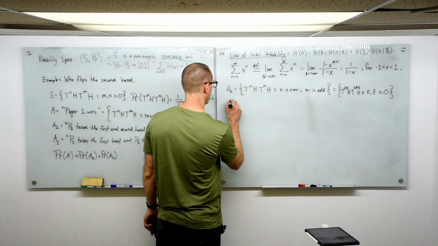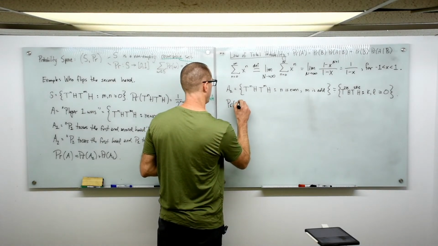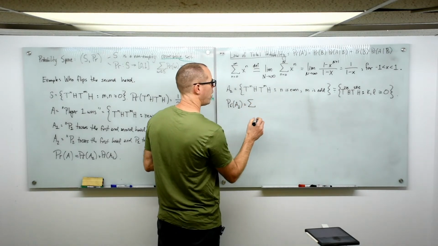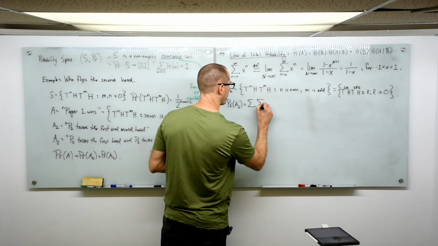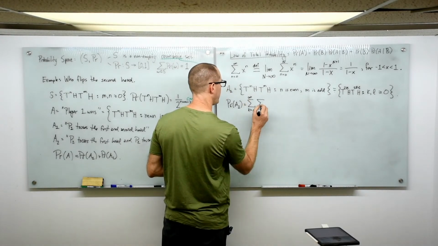And so now we can sum. So the probability of A1 is the sum. It's a double sum now. We have k running from 0 to infinity.